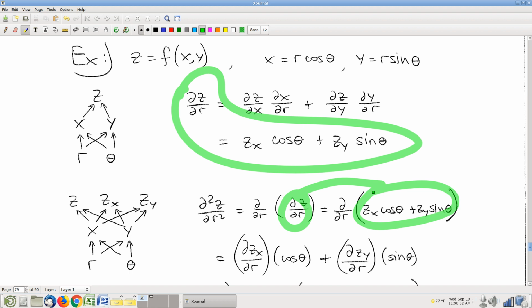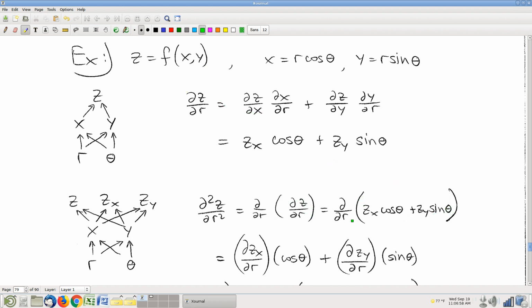All right. So the second partial that we want to compute, we're just going to need to take the r partial of that thing. How am I going to take the r partial of this product? I guess you could say we're going to use the product rule, but now here's a neat little observation that you can make.